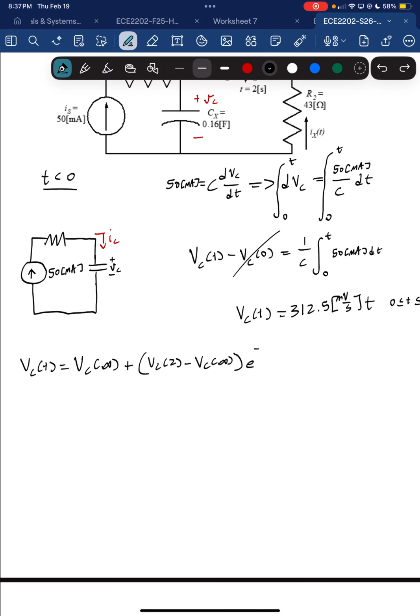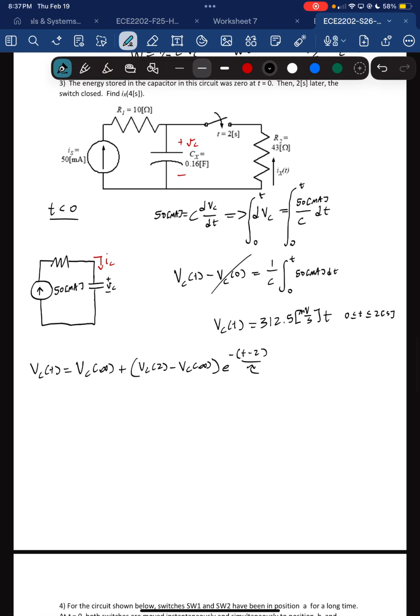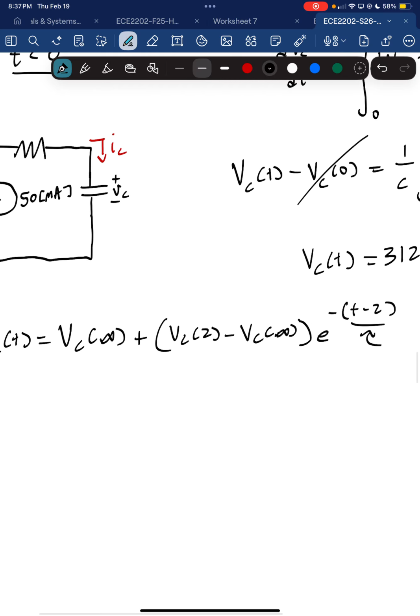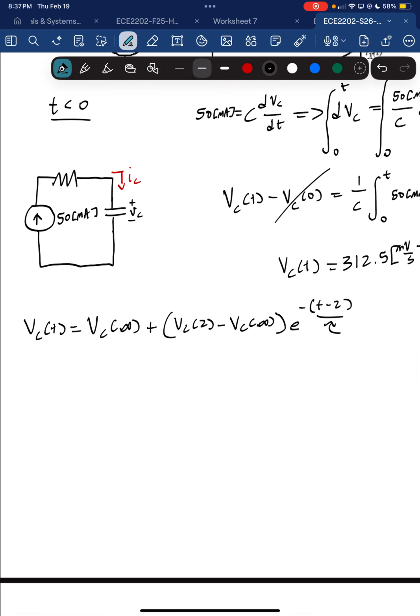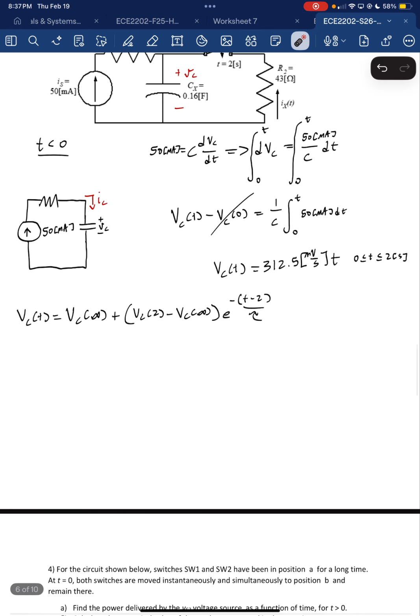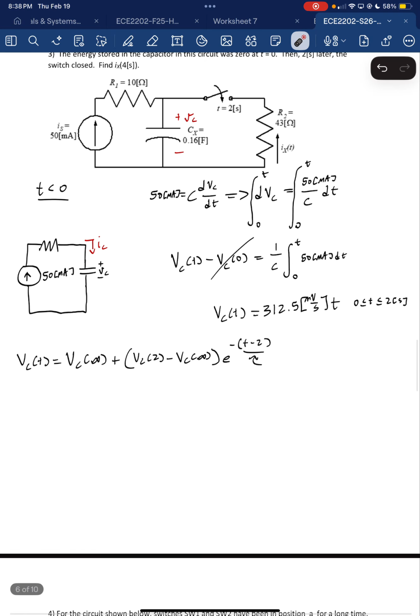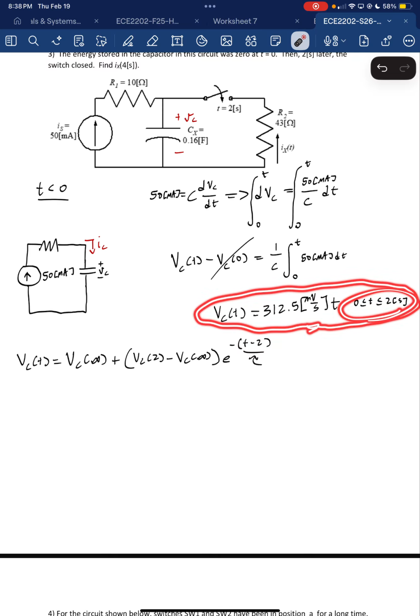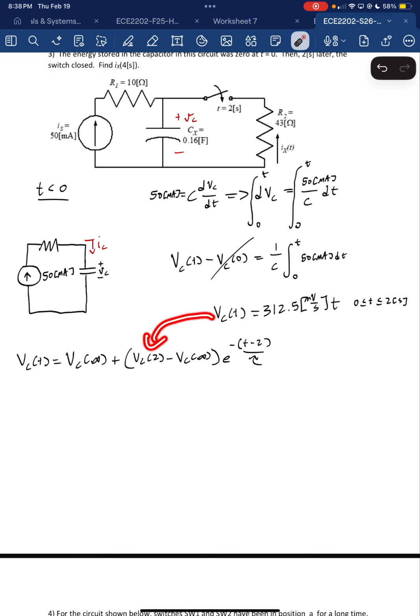Right, because we have a non-zero switching event, so we have to replace t naught with 2, which is where the following equation comes from. So what we're going to do is we're going to use this equation that we solved for VC of t for this time frame to find our initial condition.